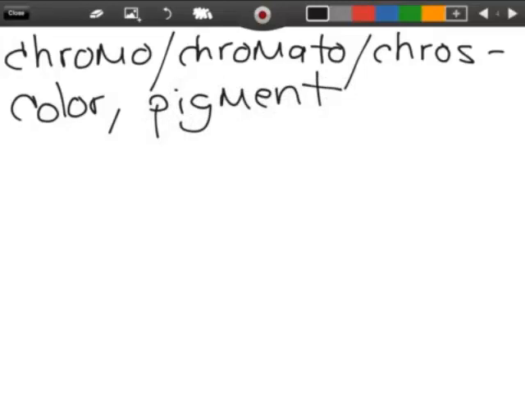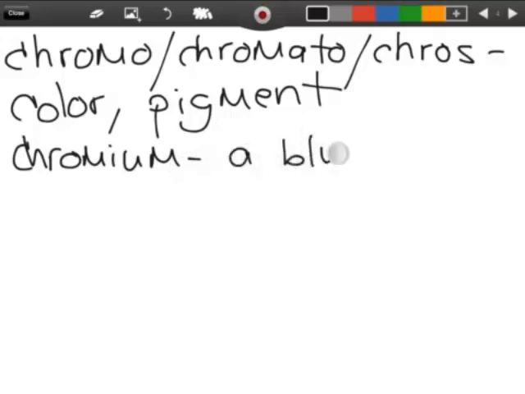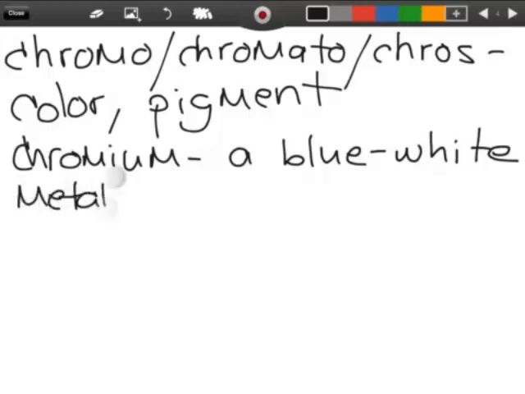And I'm going to give you an example word with the definition. Let's say chromium. And the definition is a blue, white, metallic, chemical element.